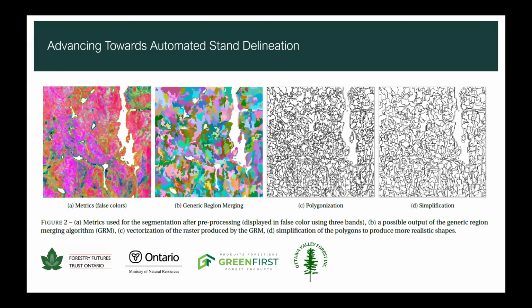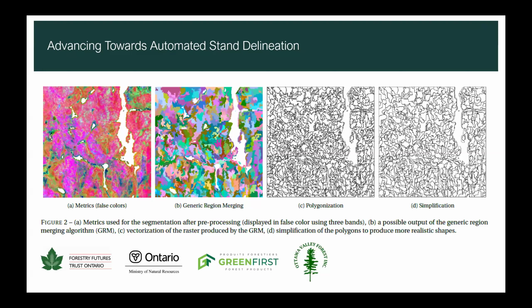That's why we've started working on advancing towards automated stand delineation. So in this project, we're using raster layers as inputs. It can be raster layers from an EFI, for instance.